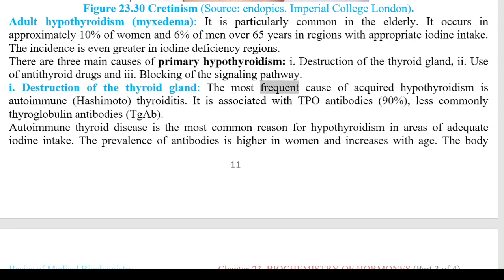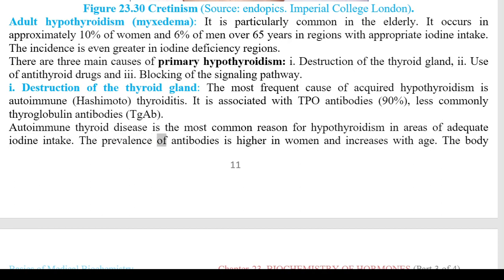The most frequent cause of acquired hypothyroidism is autoimmune, Hashimoto, thyroiditis. It is associated with TPO antibodies (90%), less commonly thyroglobulin antibodies, TGAb. Autoimmune thyroid disease is the most common reason for hypothyroidism in areas of adequate iodine intake.